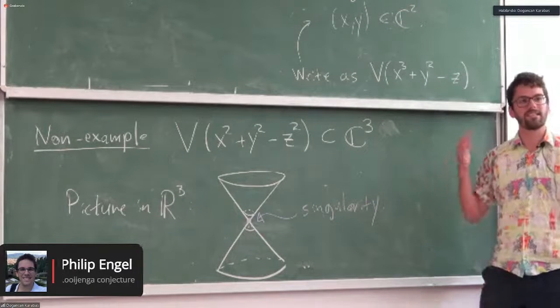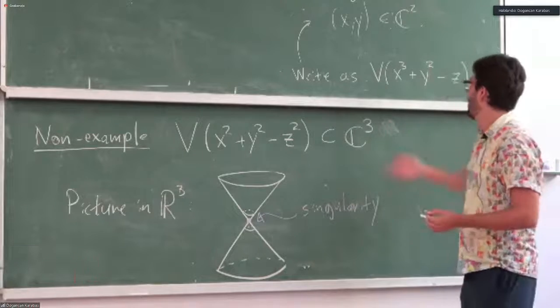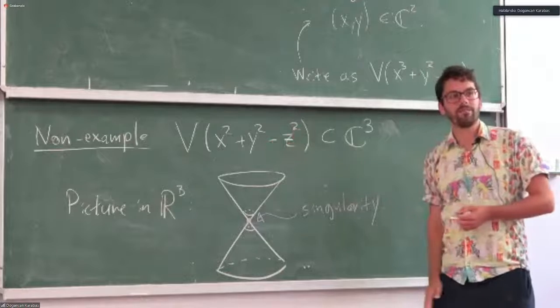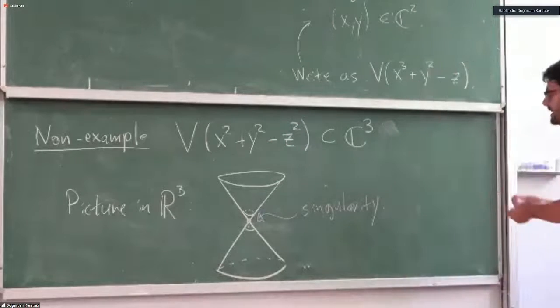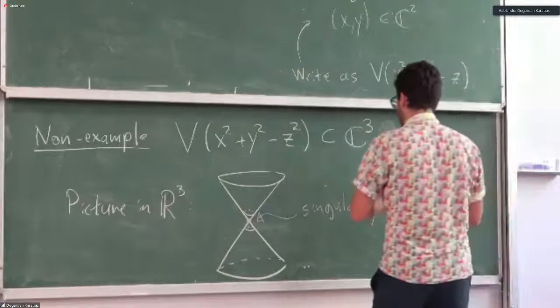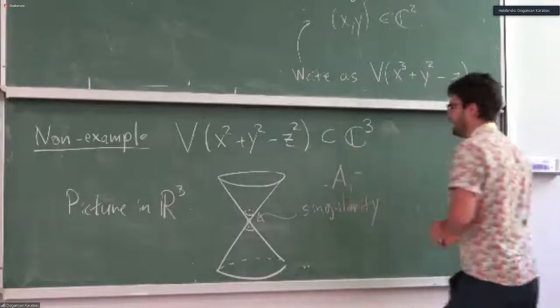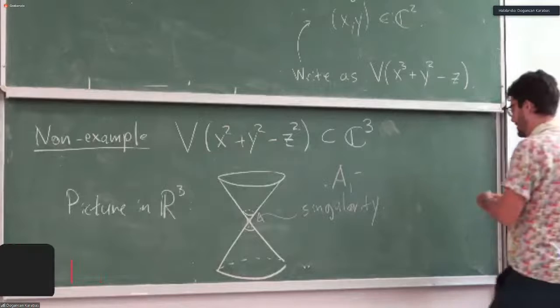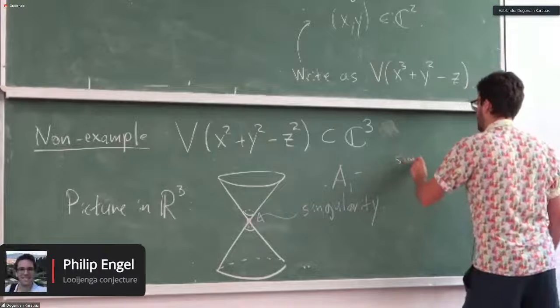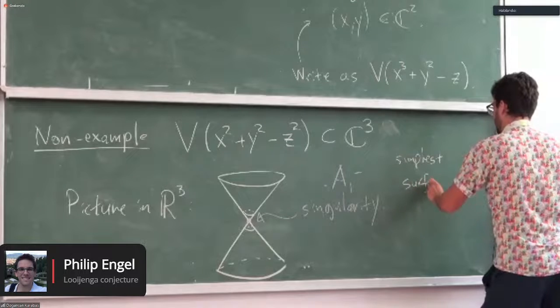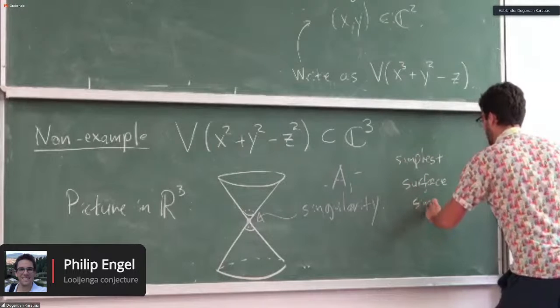For instance, it's like a point on the vanishing locus of some polynomials where it doesn't have the structure of a manifold. And in fact, let's give a name to this singularity. This is the simplest sort of singularity of surfaces, called the A1 singularity. So this is the sort of simplest surface singularity.